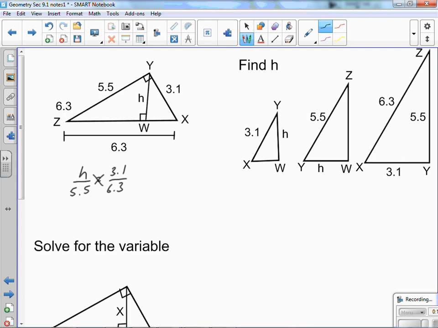So you can cross multiply those. You go 6.3 times H equals 5.5 times 3.1, which would be 17.05.